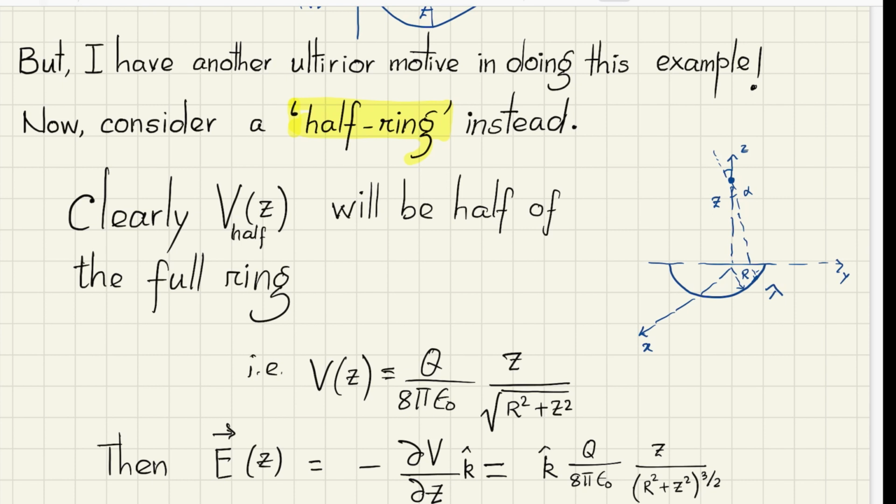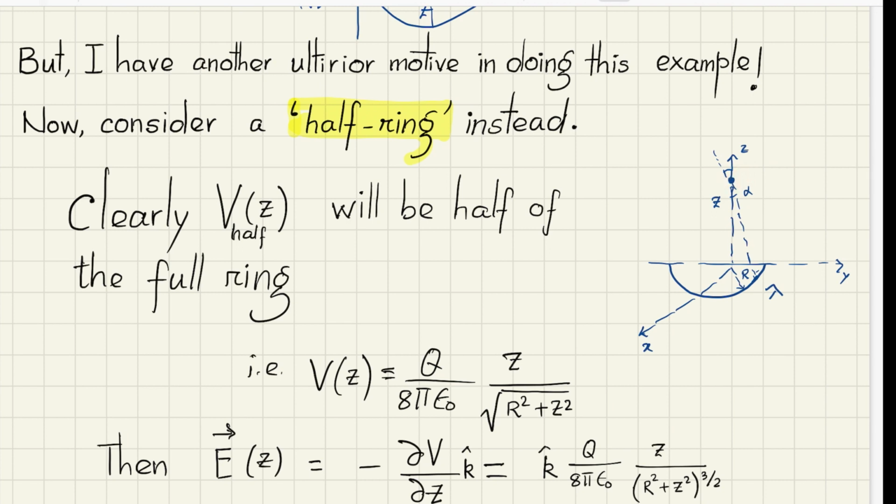In the full ring, I was sure that the E was in the Z direction, and hence I could differentiate. There was no component here. I cannot say that there are no components. Hence, to obtain it, first you have to obtain V for a general point, then take the grad, and then take Z equal to 0.